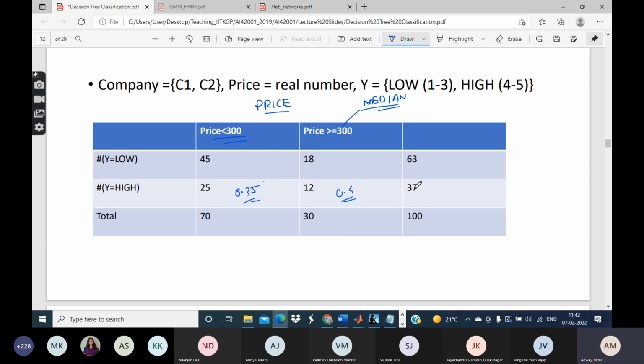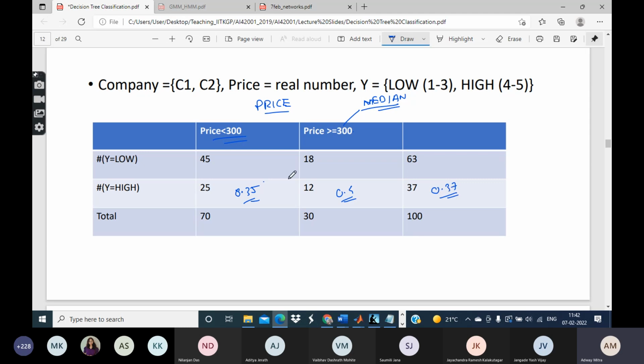While the overall behavior, if you do not consider any feature, is 37%, this shows that for this particular threshold of 300, there does not seem to be any significant change in the rating behavior.